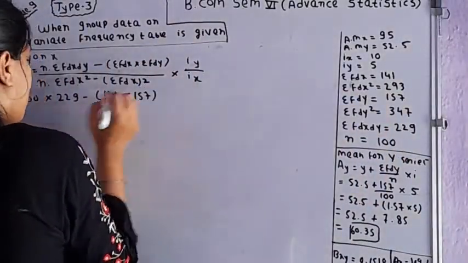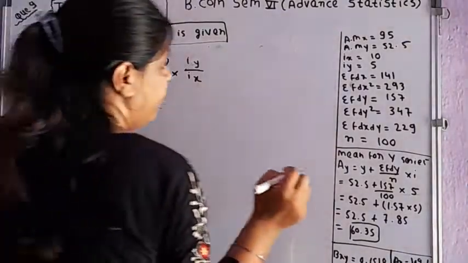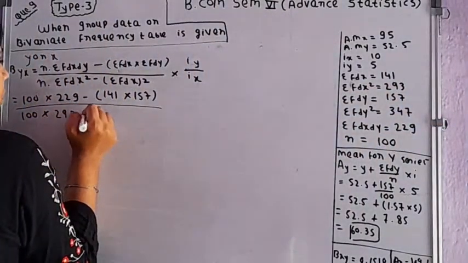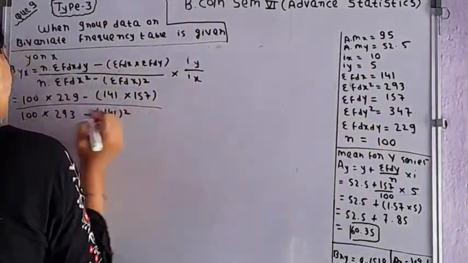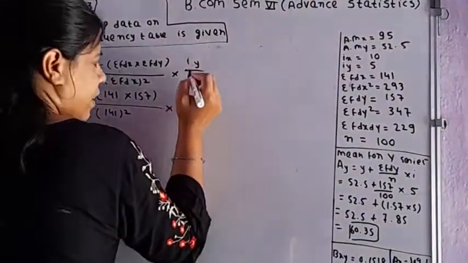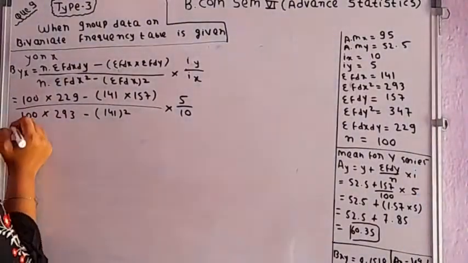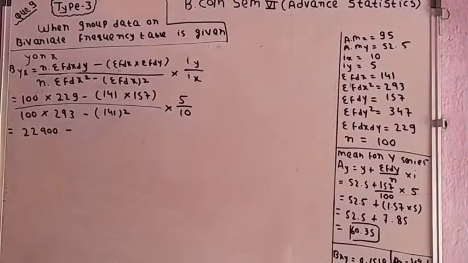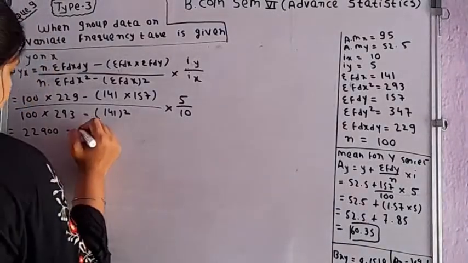After that, upon n 100, summation f dx square 293 minus summation f dx whole square, 141 whole square, into interval of y 5, interval of x 10. So 100 into 229 is 22,900 minus 141 into 157, which comes to 22,137.